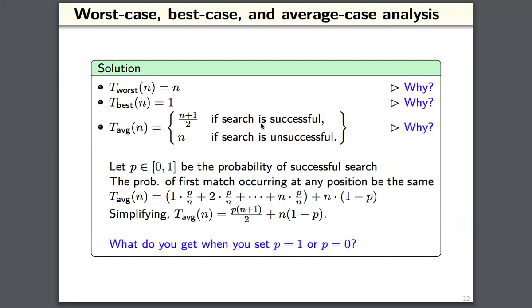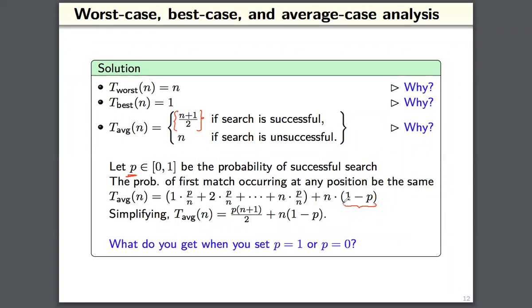Now let's consider this. If search is successful, it's (n plus 1) by 2. If search is unsuccessful, it is n. Suppose p is the probability of successful search. Okay, what is the average case? See, p is the success probability and 1 minus p is the failure probability.